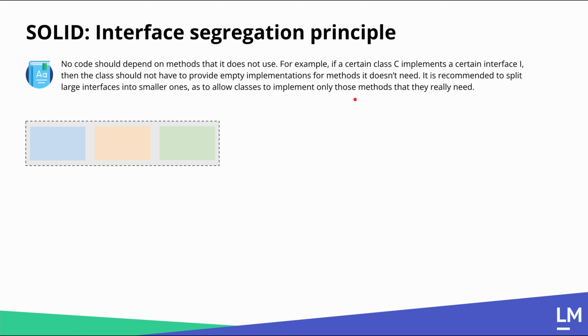Let's think of an example. Let's say that a certain interface here houses some functionality, and you can think back to the inventory manager, the shipment manager, and the invoice manager. So a certain interface has methods for all of these three functionalities. Now, let's say that I want to implement the functionality of managing inventory.